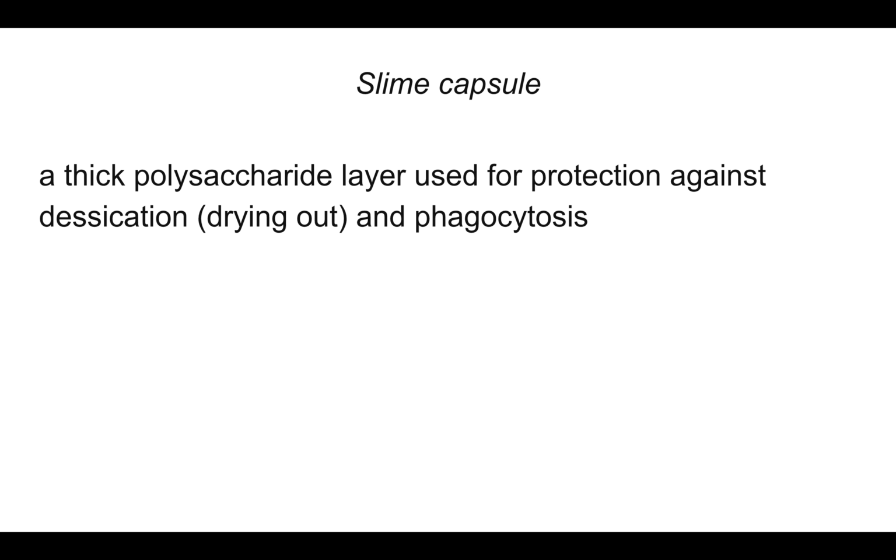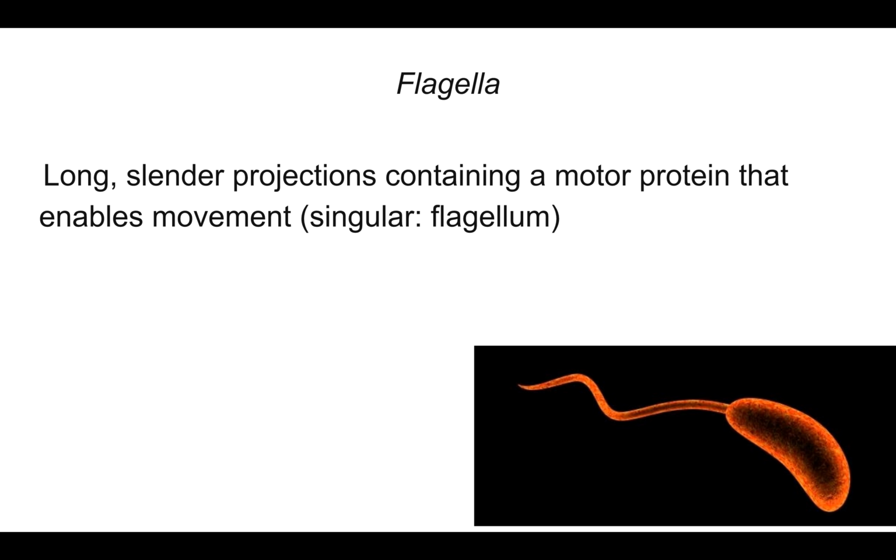This is a thick polysaccharide layer used for protection against desiccation, drying out, and phagocytosis. Phagocytosis is carried out by white blood cells that are part of the immune system of the human body, and that's how they attack foreign bacteria or cells that could be a threat to the human body. And yeah, so the slime capsule will protect them from that, but not for long.